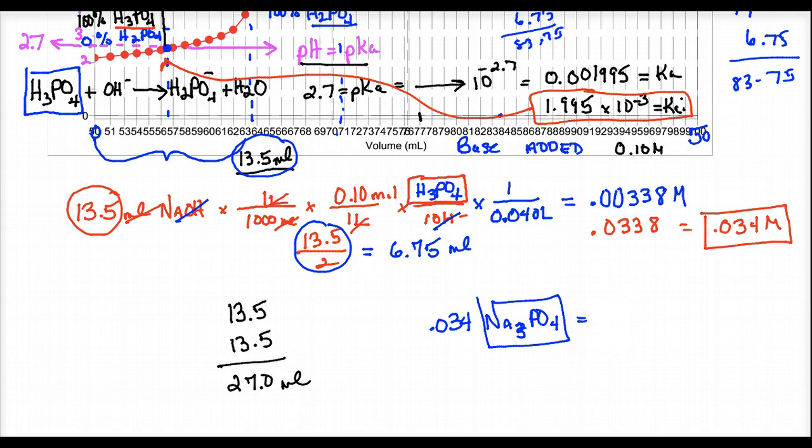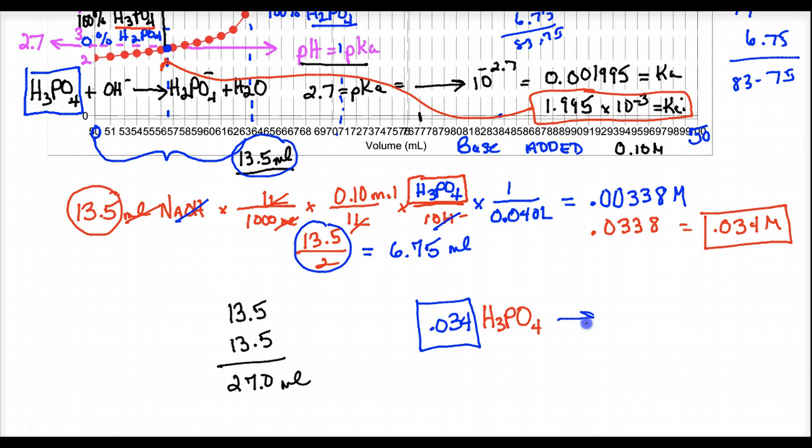Sorry, what am I thinking about? We have 0.034, sorry, H3PO4. Okay, so what is the pH of that?